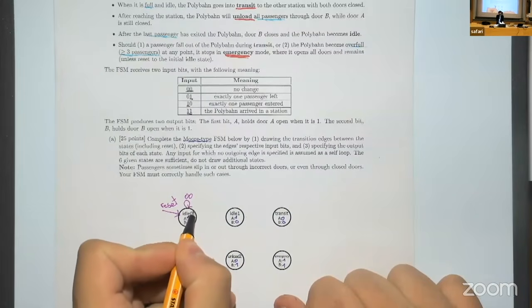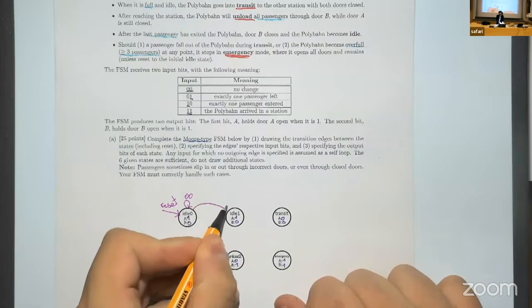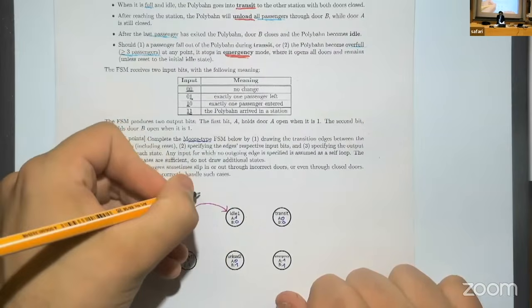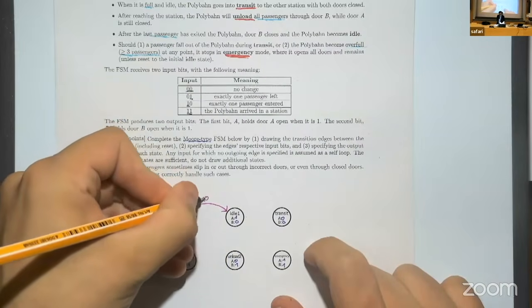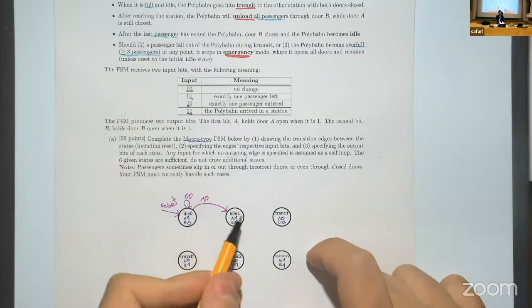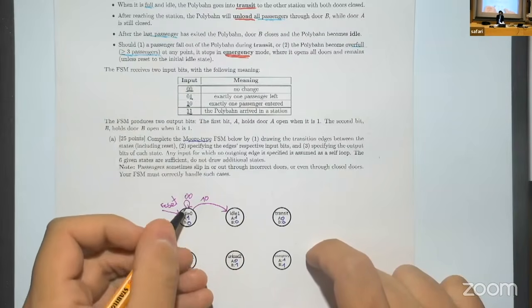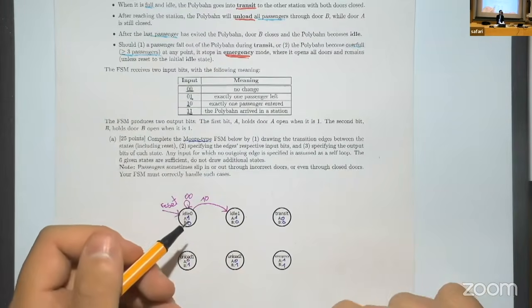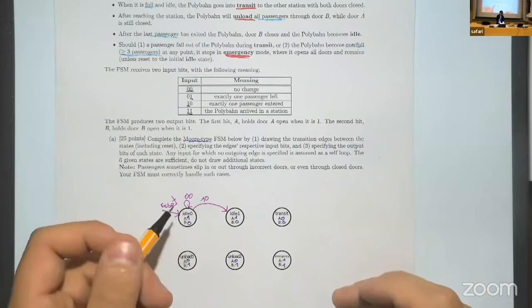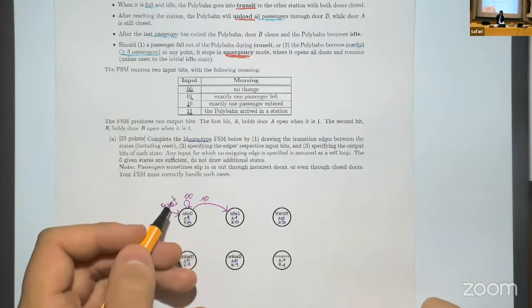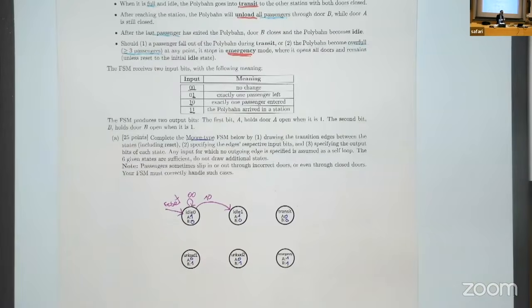Then let's see, if we have a passenger enter, we go over there, right? So 1, 0. We have now 1 passenger. We were at 0 passengers. Now we have 1 passenger, but we're still idle. Let's see, if we had a passenger leave from 0 passengers, that doesn't make a whole lot of sense. So you still need to have an edge defined, even if the input doesn't make sense, right?